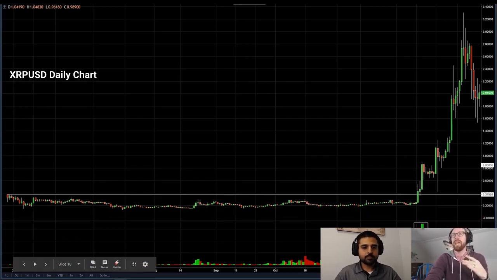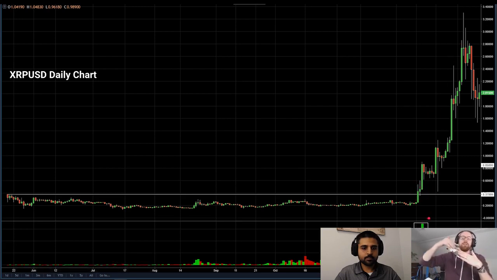And yes, the volume came down a little bit, in part because buying 10,000 coins is much more expensive on this day at $2.50 than it was back here at 50 cents. But the transaction value is going up.